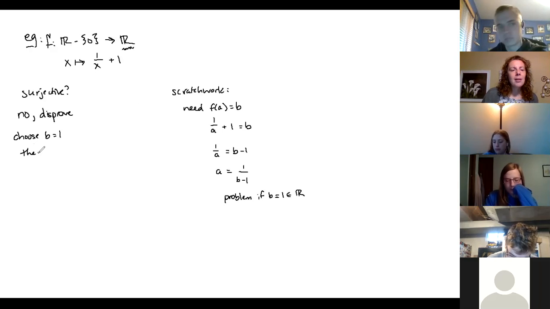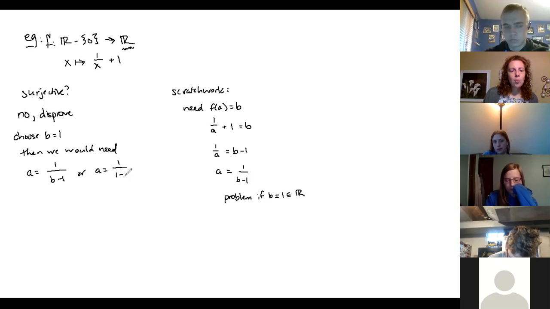And then we would need a to be equal to 1 over b minus 1, or a equals 1 over 1 minus 1, or a equals 1 over 0. But that doesn't work. That's a contradiction. Actually, let's not do contradiction.